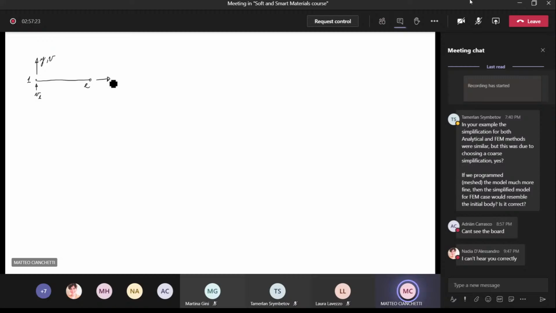We still have x. We have displacement of node 2 on y. And also, we can consider moments, since we are dealing with a beam. So rotations, of course, around the z-axis on node 1, and rotations about z on node 2.